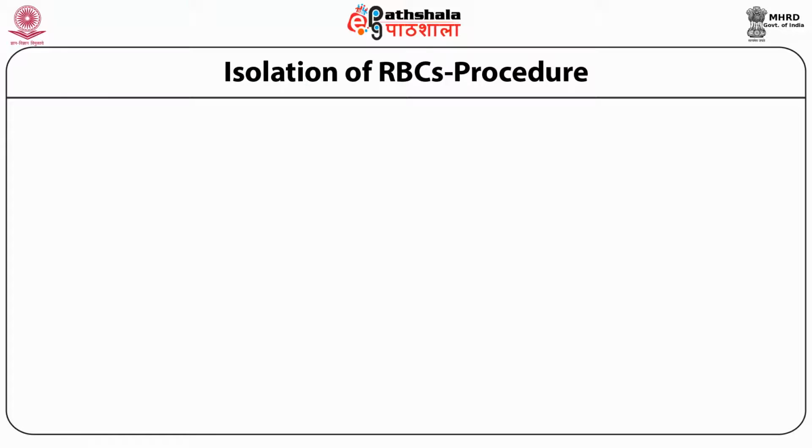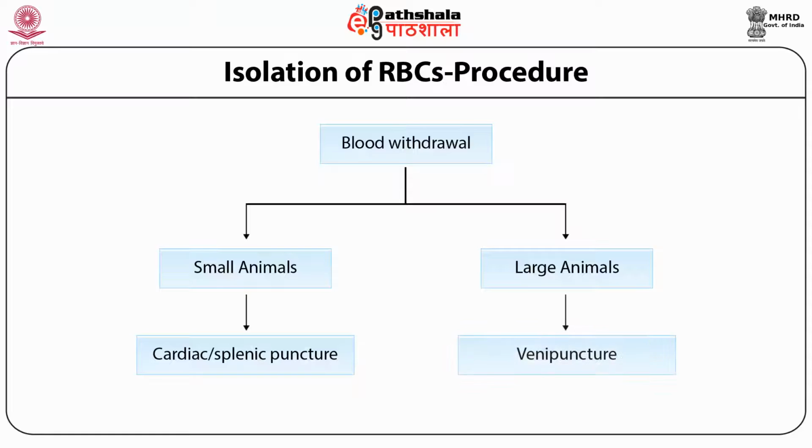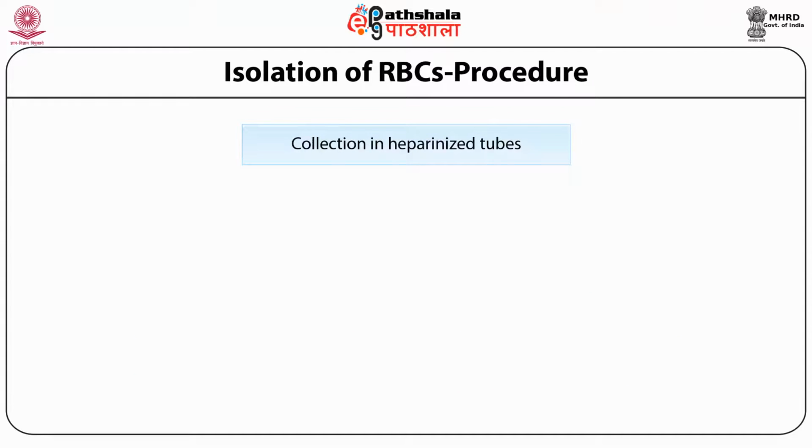Isolation of RBCs. Briefly, the procedure includes blood withdrawal from small animals as well as large animals. In small animals, blood is taken by cardiac or splenic puncture. In large animals, it may be drawn by venipuncture. The blood is collected into heparinized tubes.